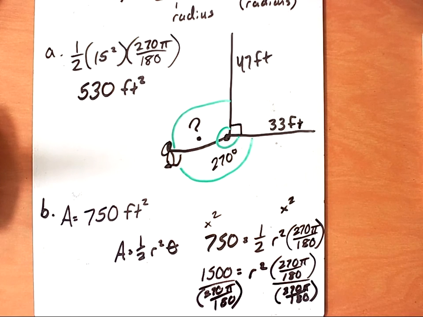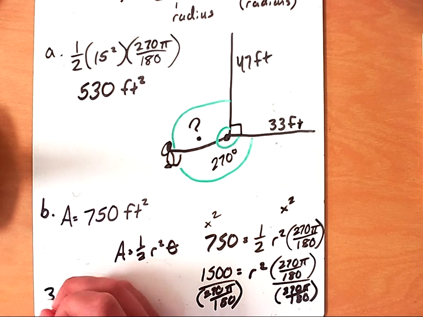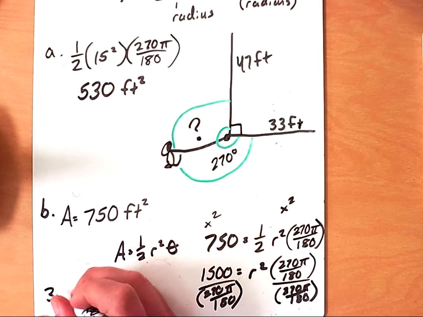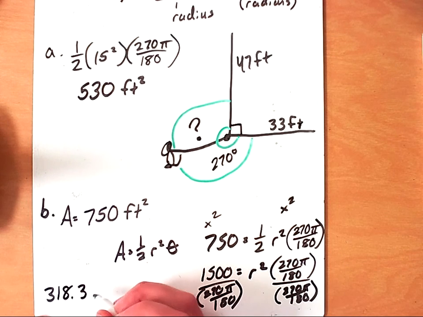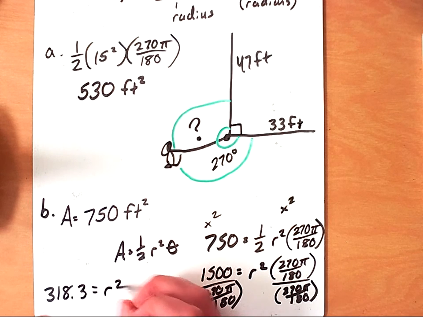So we've got 1500 divided by 270 pi over 180, and that's going to give us 318.3, and that equals r squared.